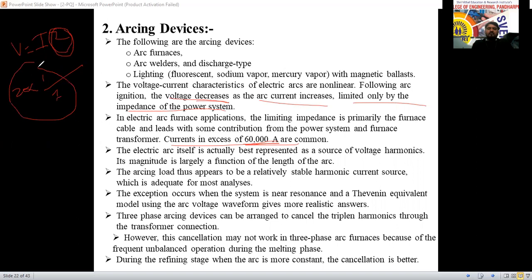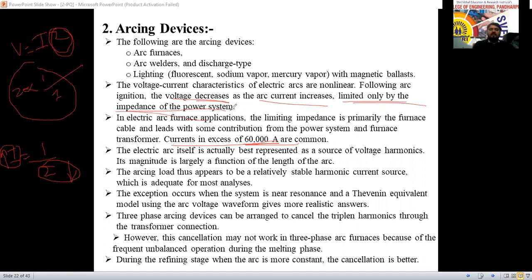The impedance will be reduced. If the impedance is reduced, with I equal to 1 by Z, then the current will increase because it is inversely proportional. Impedance decreasing means the current will increase over there. So for that reason, it is limited only by the impedance of the power system.